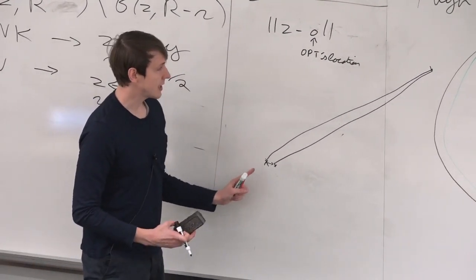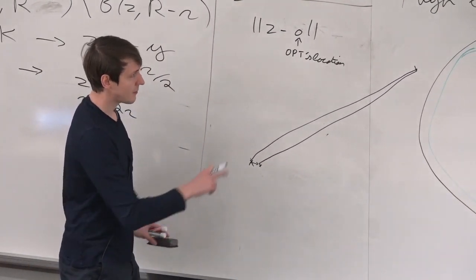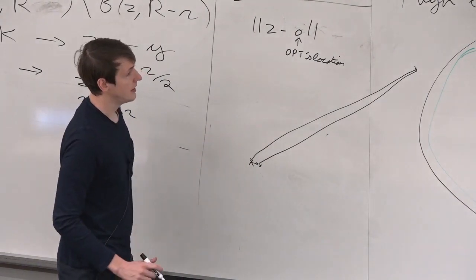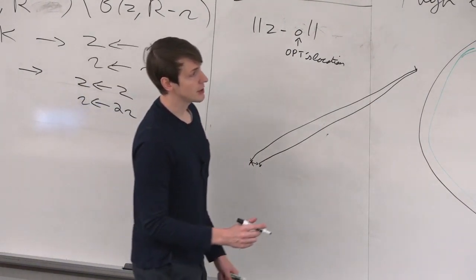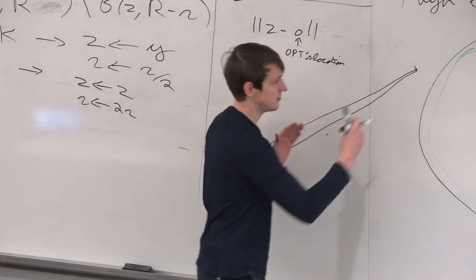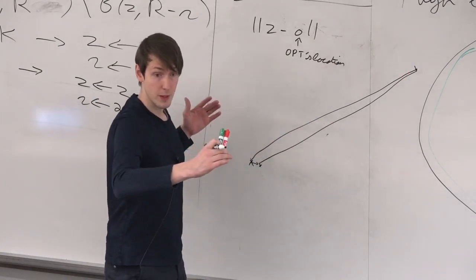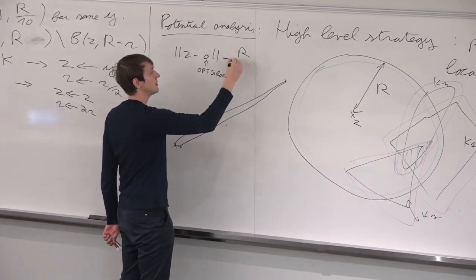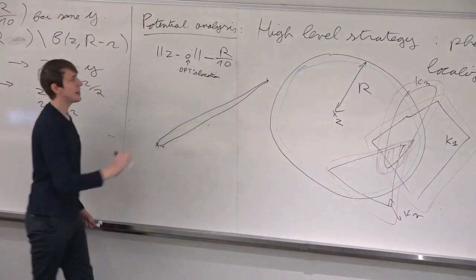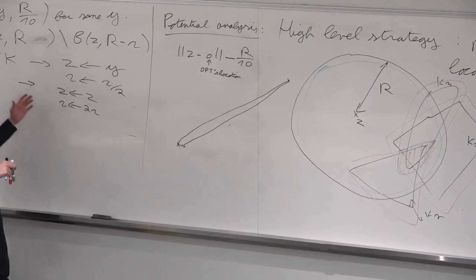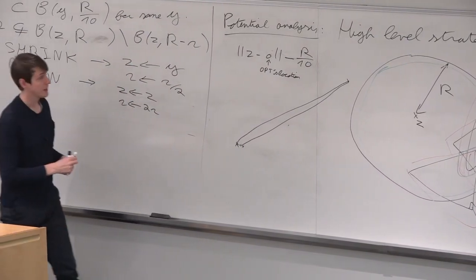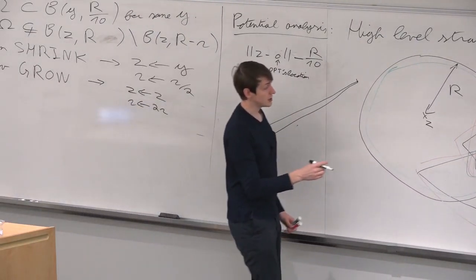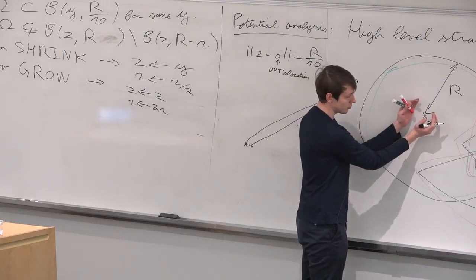But in our case, what's going to happen is if opt is very far, we're going to grow. So what we will say is that we do minus r over 10. And this minus r over 10 is the thing that's going to improve when opt is very far. And then we need another situation, which is when opt is very close to us.